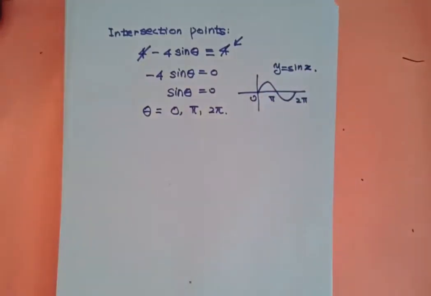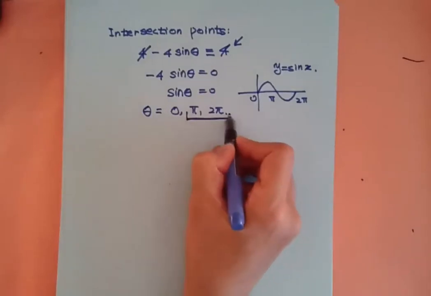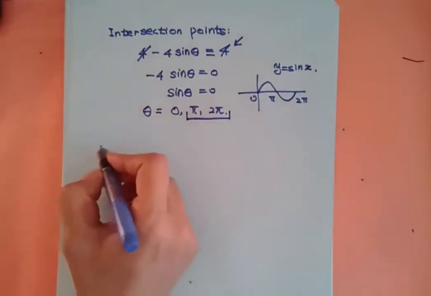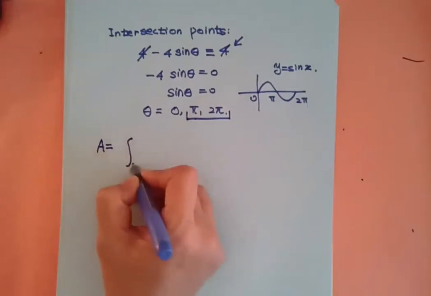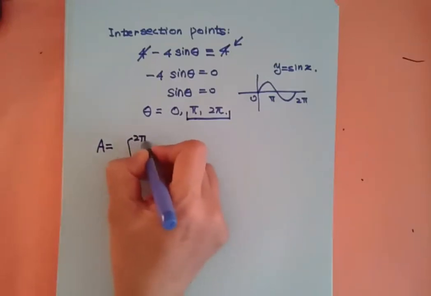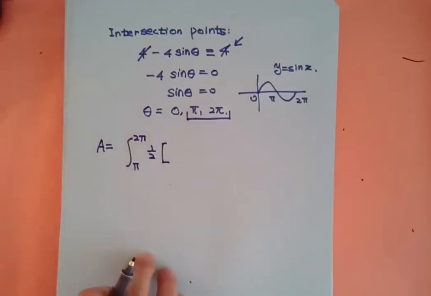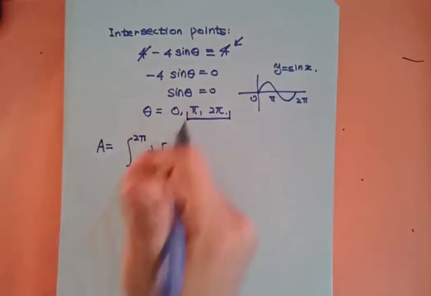By looking at the graph, it is obvious that we have to integrate from pi to 2 pi. So the formula we have to establish will be the integral from pi to 2 pi of 1 over 2 r squared, larger circle, the farther one minus the closer one.